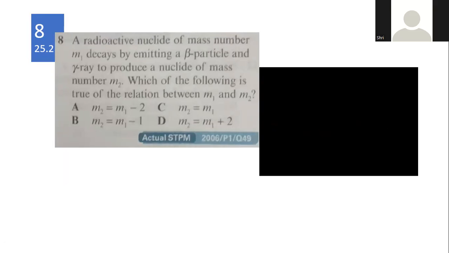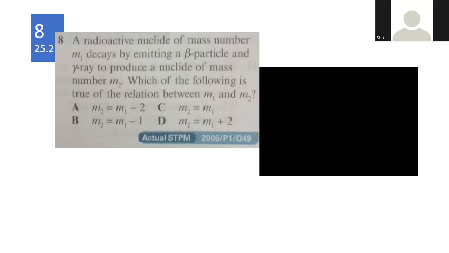Okay, number 8. A radioactive nuclide of mass number M1 decays by emitting beta particle and gamma rays to produce nuclide of mass number M2. Which of the following is true of the relationship between M1 and M2? Yep.